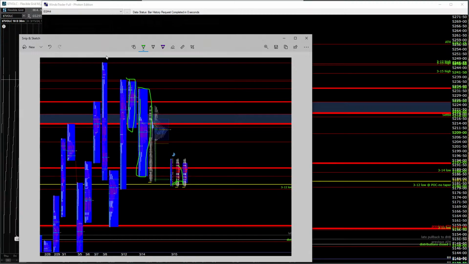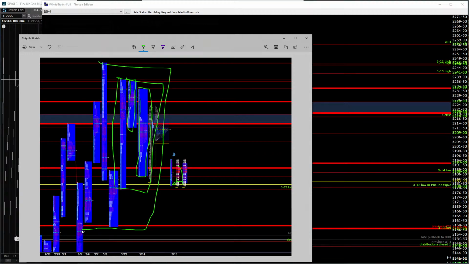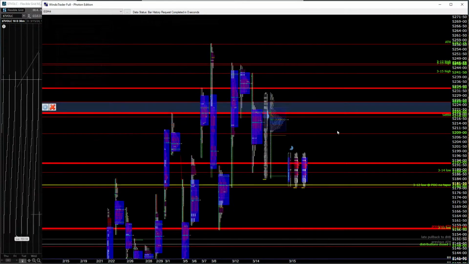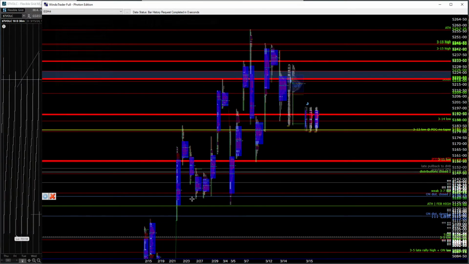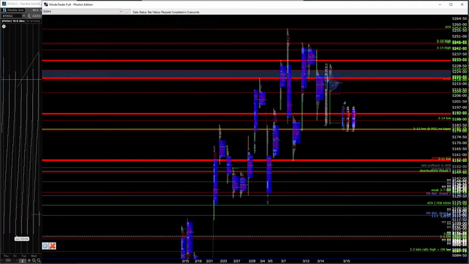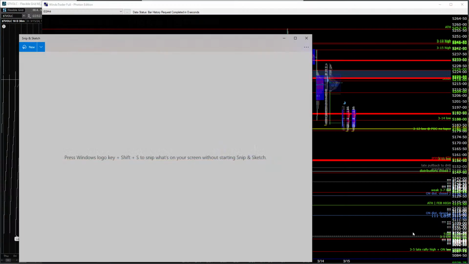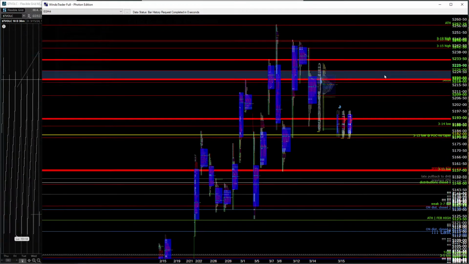It's out. Now the next thing we have is the 7-day, which reminds me of the big one here. Oh, look at where the market is right now. It's right there.